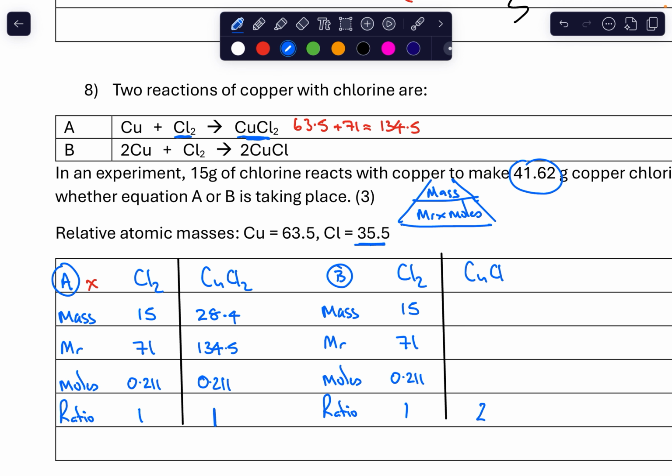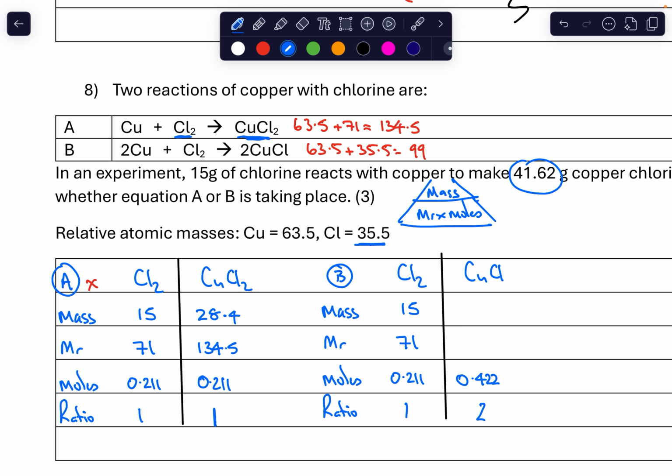The MR, let's work the MR out. So copper is 63.5, chlorine is 35.5. So I've got 63.5 plus 35.5 equals 99. So in there, I'm going to put 99. That's not right. Let's just work that out. What's my calculator done? 63.5 plus 35.5 is 99.